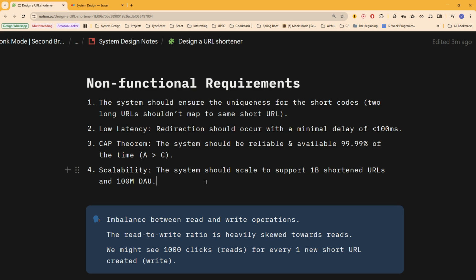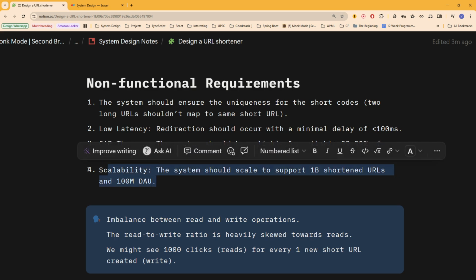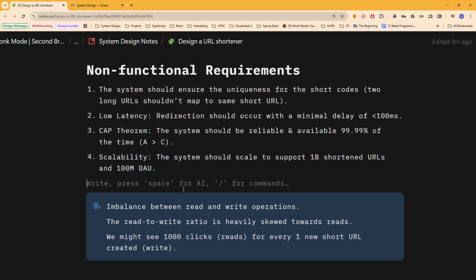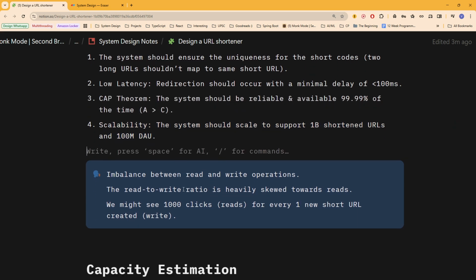So right now here we are looking at a system which should be able to scale to support around 1 billion shortened URLs and 100 million daily active users. These numbers you can get from your interviewer. Also, in this particular system, there is a huge imbalance between read and write.